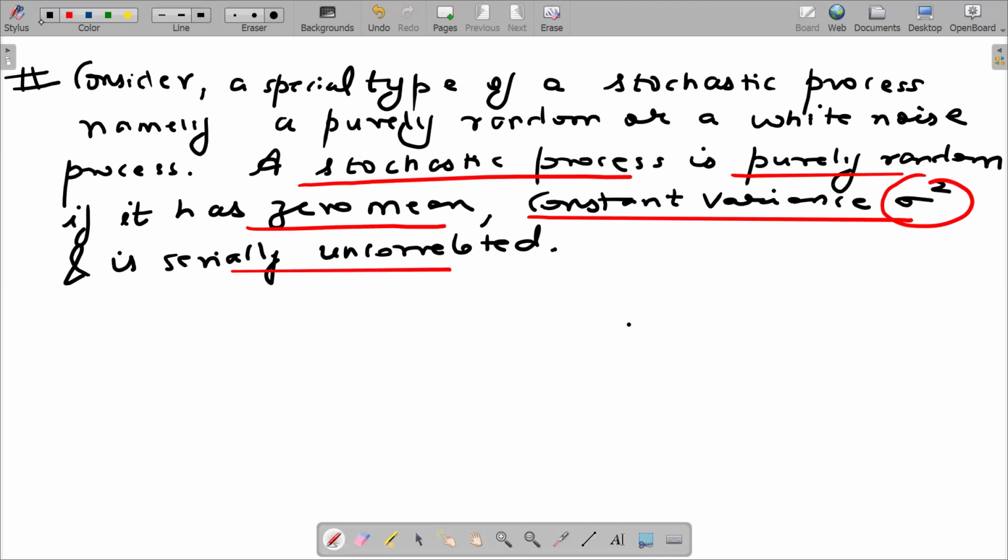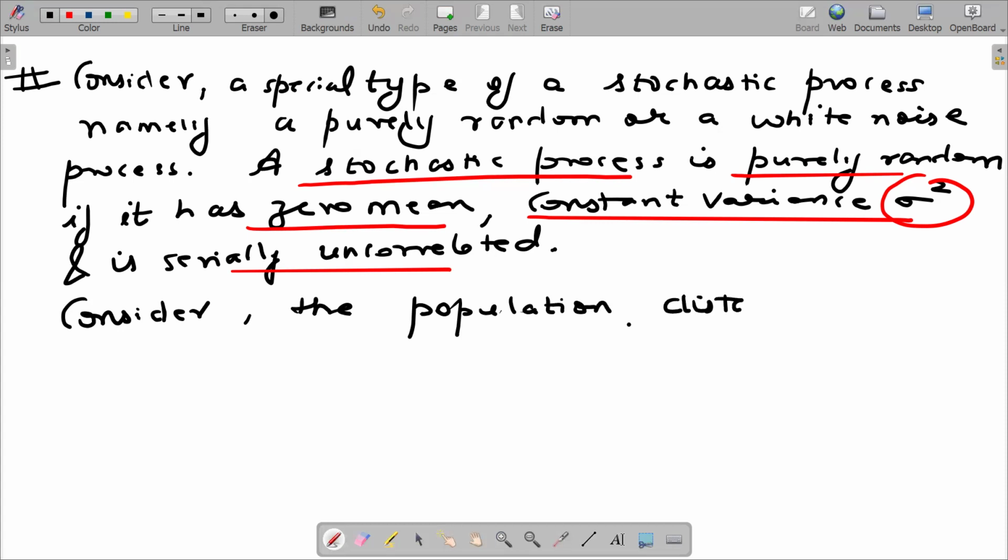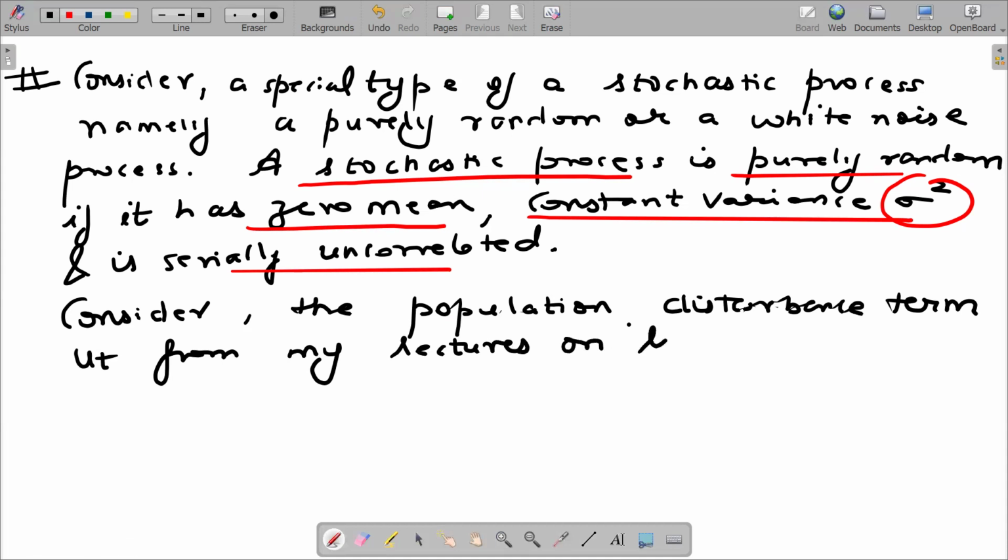Remember when we were doing simple linear regression, we had something called the population disturbance term UT. Consider the population disturbance term UT from my lectures on linear regression.